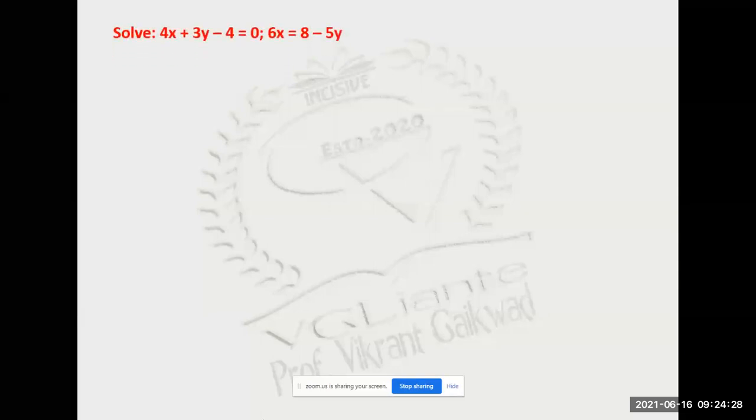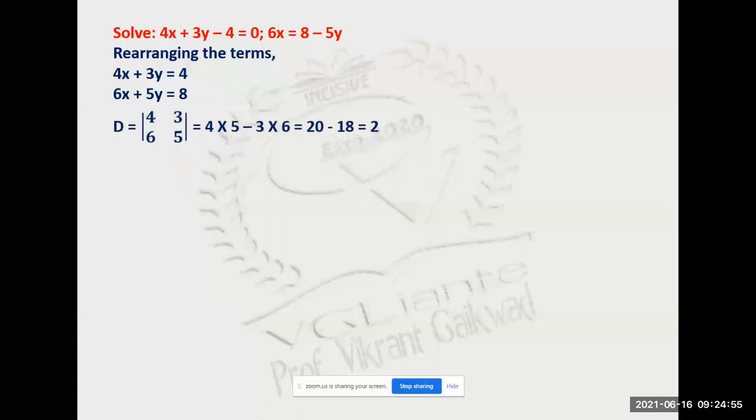Now for example, 4x plus 3y minus 4 equals 0 and 6x plus 5y equals 8. You need to rearrange the terms. Minus 4 goes to the other side: 4x plus 3y equals 4 and 6x plus 5y equals 8.